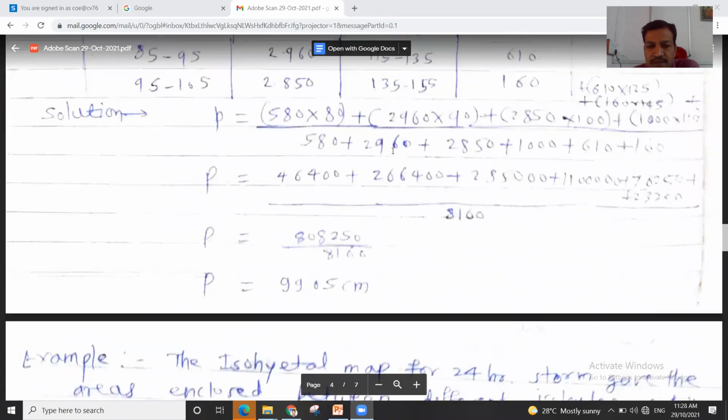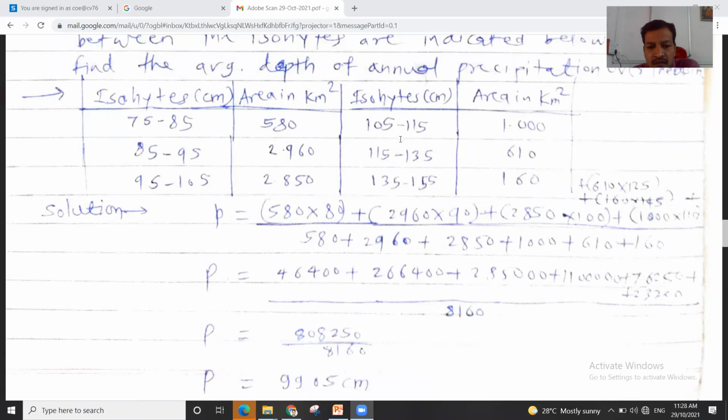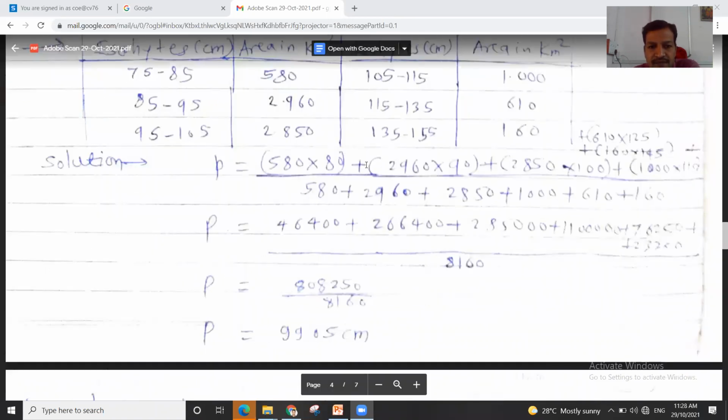सर्वांनी लिहून घेतले प्रॉब्लेम. समजलं सगळ्यांना. समजलं नसेल तर विचारा.